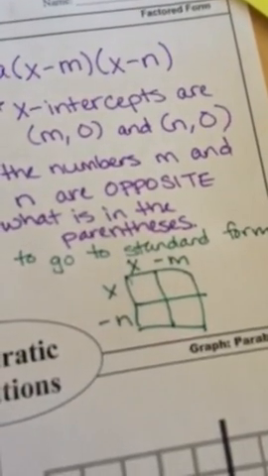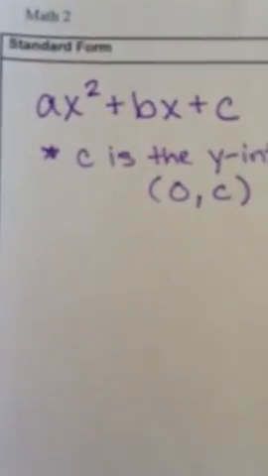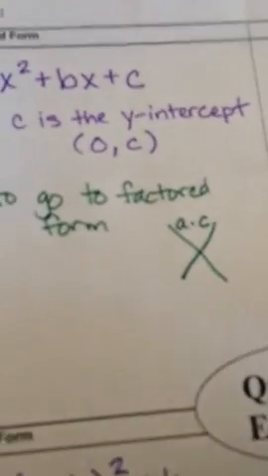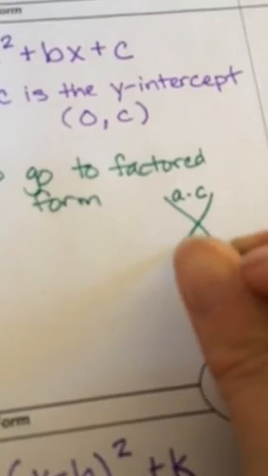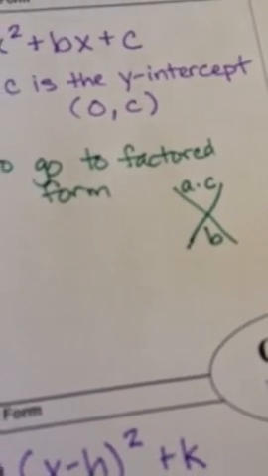And then I'll fill in my box and have my standard form. And then the last one, how do I go from standard form to factored form? I'm going to do my x. So I'm going to do a times c, if I need to, and b. Okay, and that's going to give me my factored form.